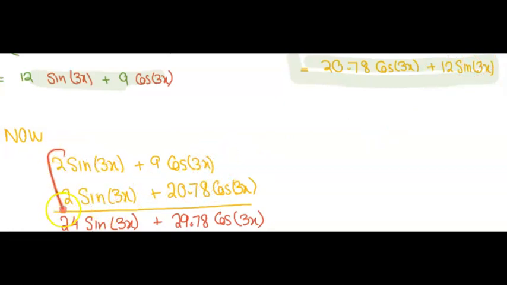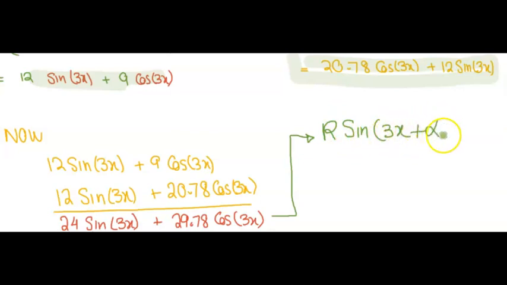Now I need to add 12 plus 12, 24. 9 plus 20, 29. Yep. And that is your final answer. Now you got this bit. Whatever the answer, this is your resultant wave. And resultant wave, if you want, you can convert that one into R sine 3x plus alpha.